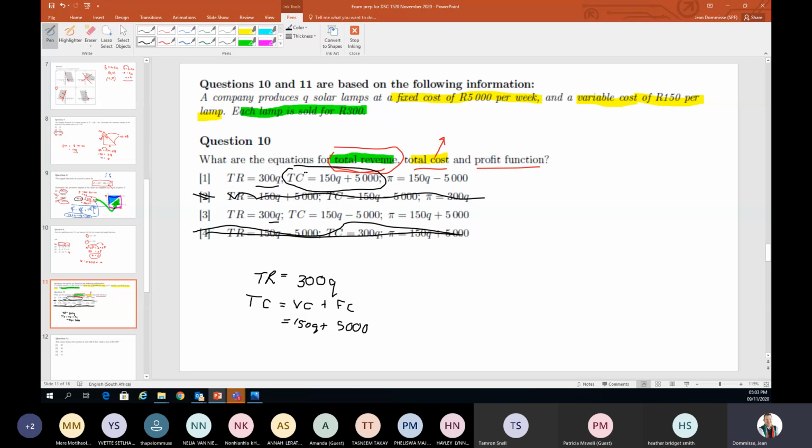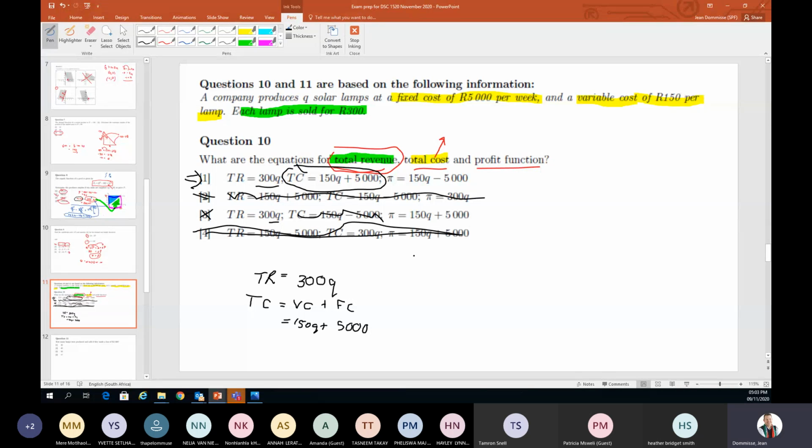So that is correct. That is not correct. So option 3 is not. So even before we get to the profit calculation, we have what the answer is, and that's option 1.